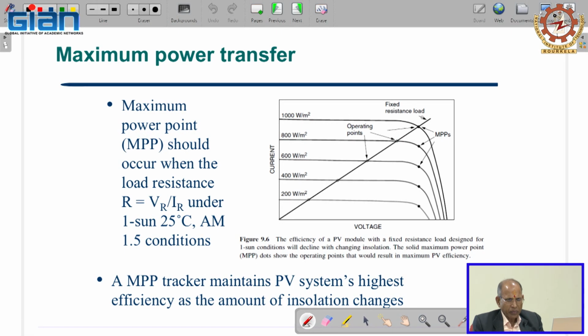So this MPP obviously needs to be automatic, not manual, because manual control is not very accurate and is difficult. So obviously we will have some device which can keep on doing it automatically.